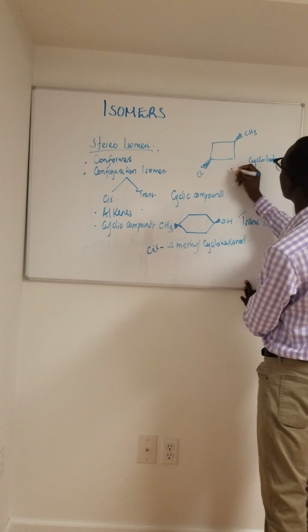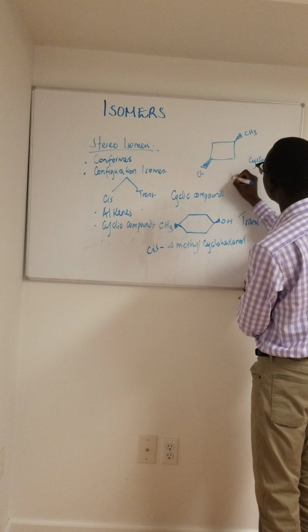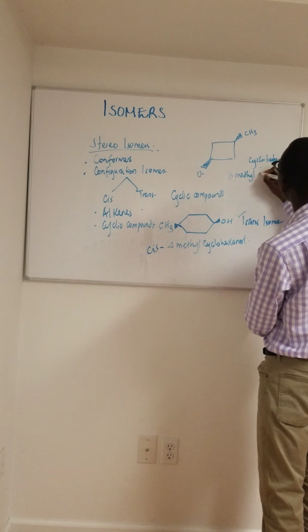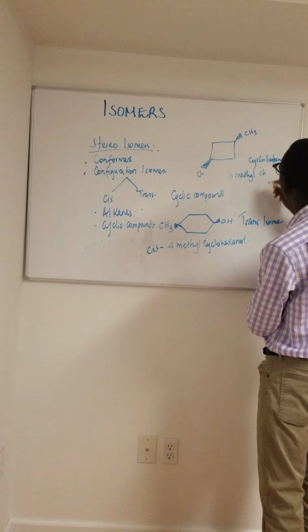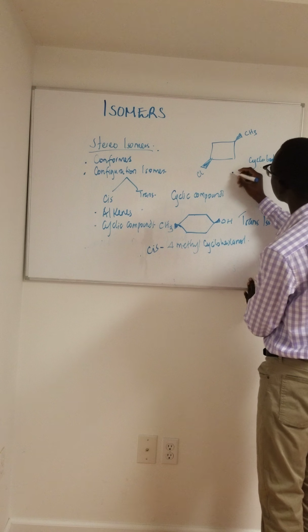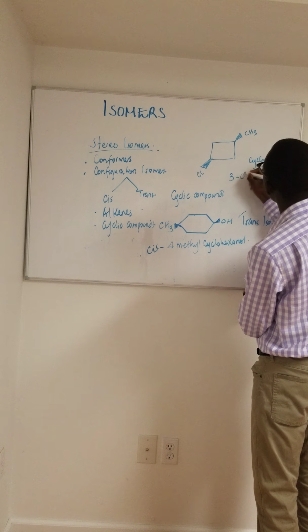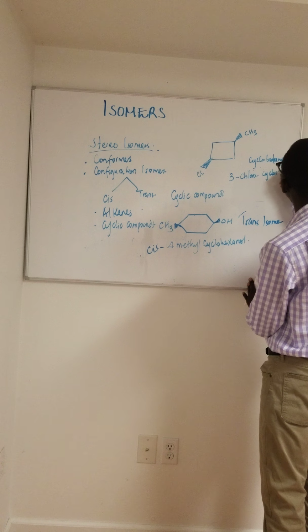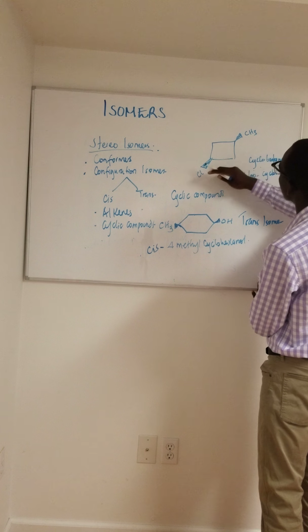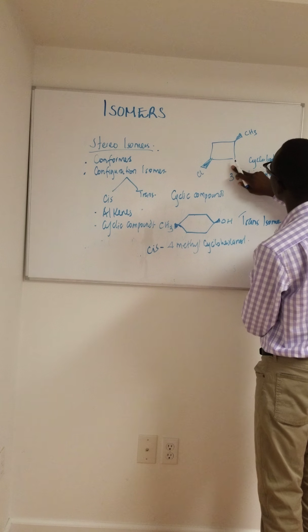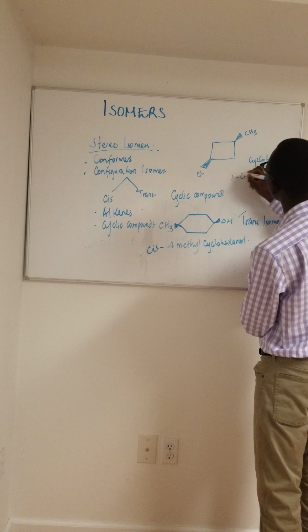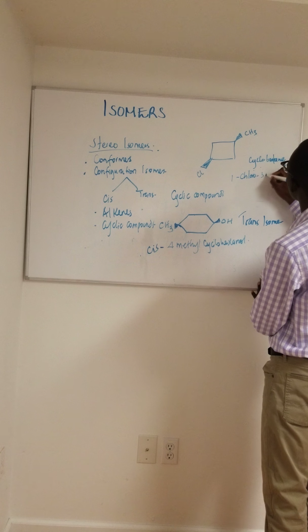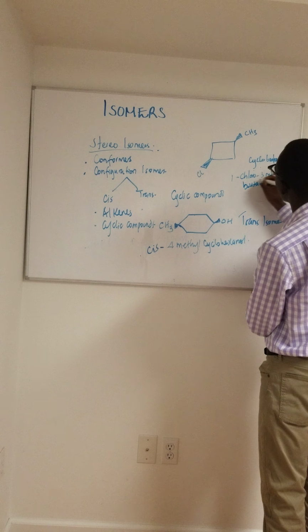So this is the same as 3-methyl. So it's the same as saying 3-chloro, no, this is 1-chloro 3-methyl cyclobutane.